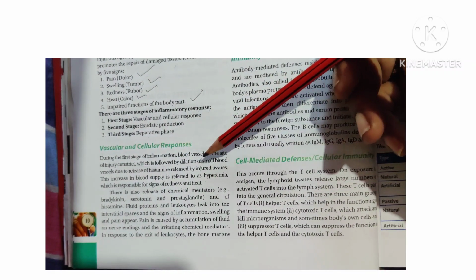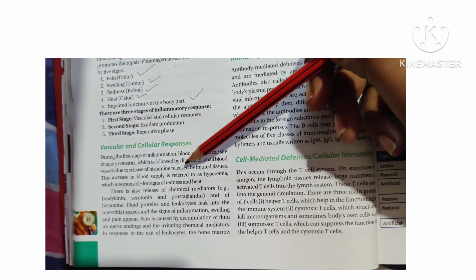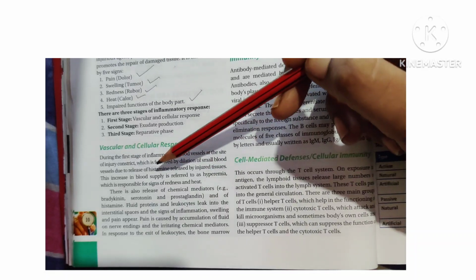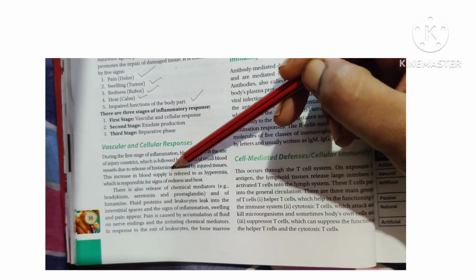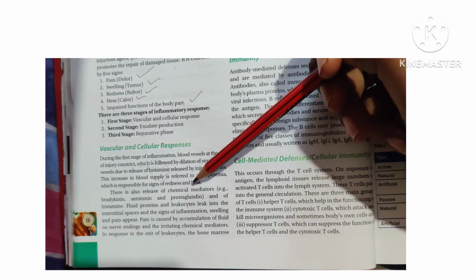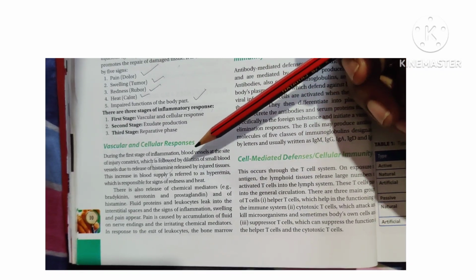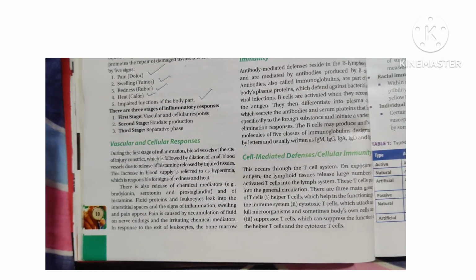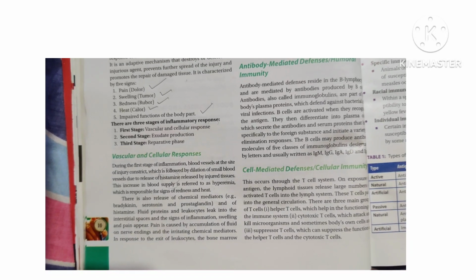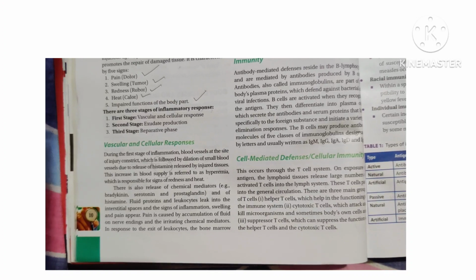which is followed by dilation of small blood vessels due to histamine released by injured tissue. In the injured tissues, inflammatory mediators such as histamine will be released. This increase in blood supply is referred to as hyperemia. Normally the blood vessels at the site of injury constrict, but the small tiny capillaries will be dilating.